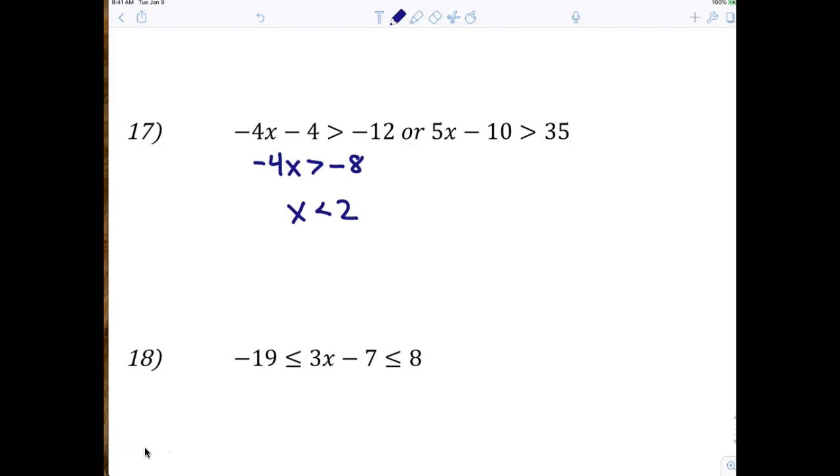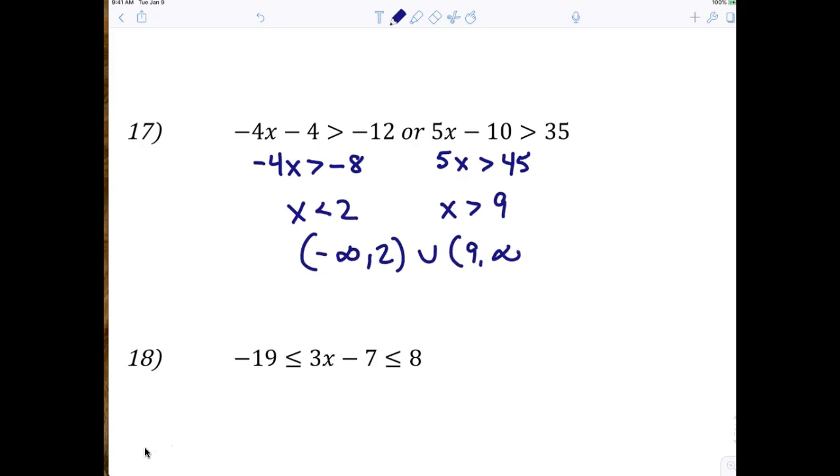All right. The next one I have 5x is greater than 45, so x is greater than 9. So those going in opposite directions. Yeah. So we can say again what? Right. Easy. Very easy.